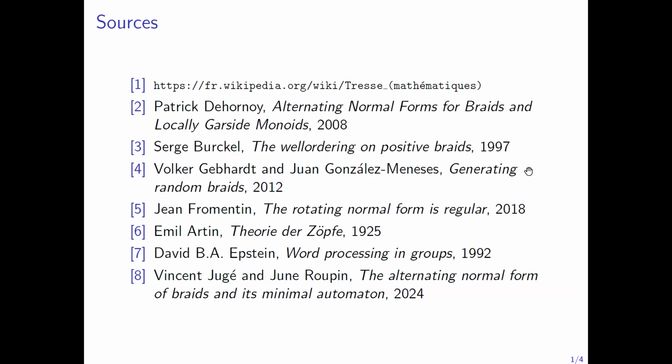We actually have an explicit algorithm to go from any word to the alternating normal form. It is exactly as you said, pretty much a bubble sort where we just do little flips until it converges. The complexity is n squared times L, with n the length and L the number of strands.